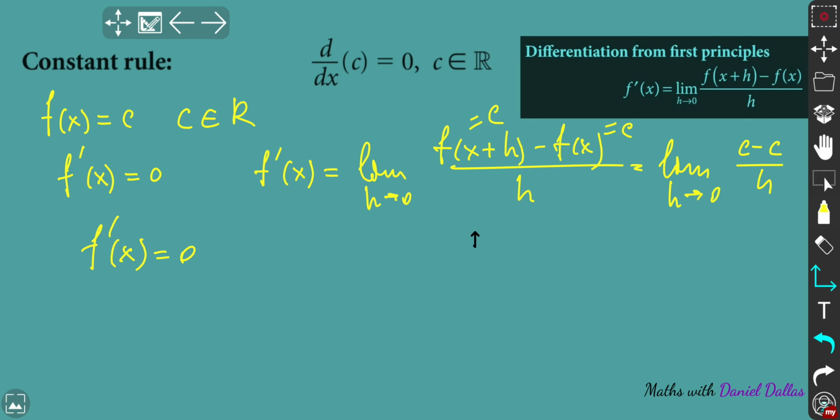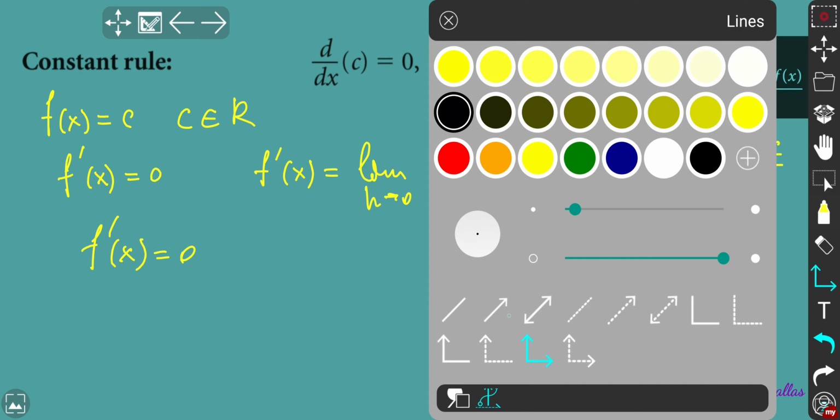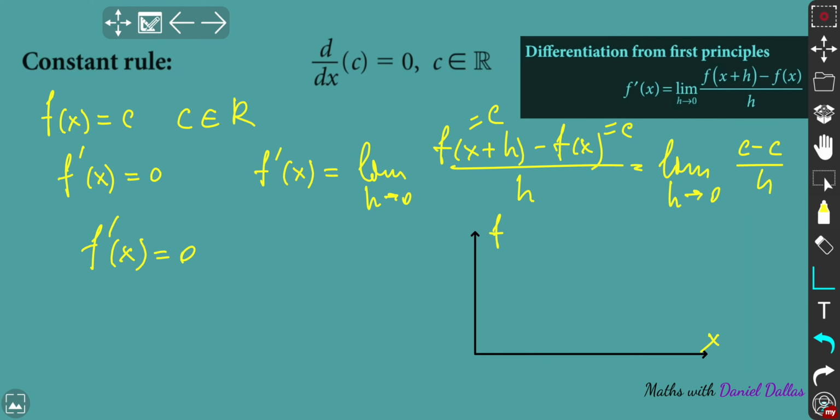Theoretically and graphically, we can also show that if this is f, this is x, and you want to draw the line which is the constant, you take the level of c and put this line down that goes through c.